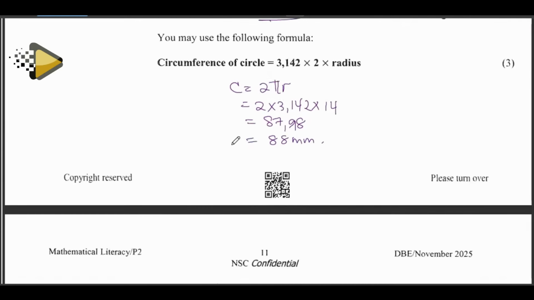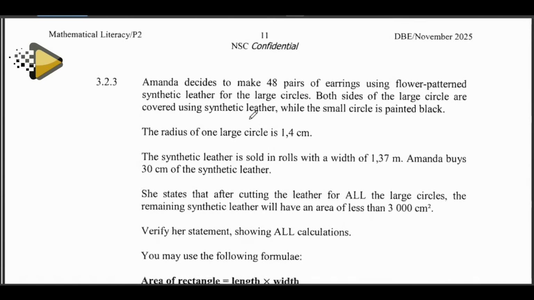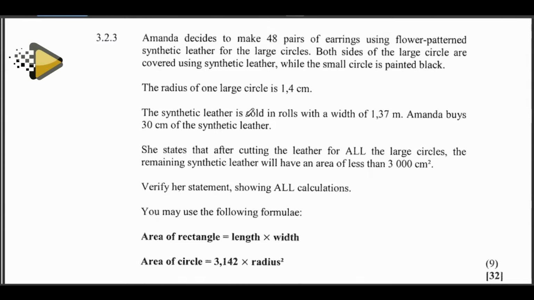Question number 3.2.3. Amanda decides to make 48 pairs, take note of that, 48 pairs of earrings using the flower patterned synthetic leather for the large circles. Both sides of the large circle are covered using synthetic leather, while the small circle is painted black.